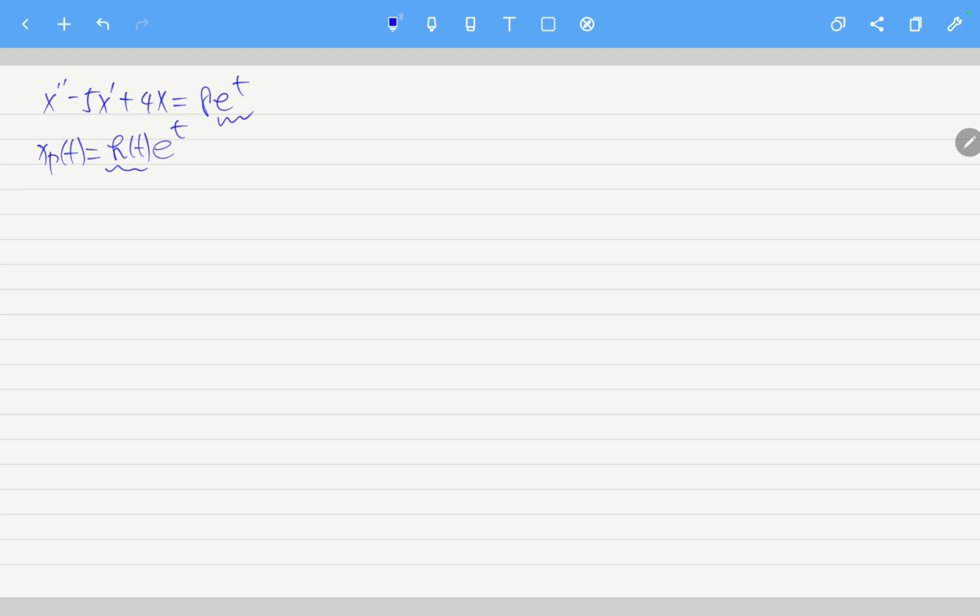We don't know whether it is t yet, so let's make it an unknown function to find out, and multiply it with exponential t because it should be related to exponential t. Now we plug in to here, so we get h of t times exponential t, double prime, minus 5 times h of t exponential t prime, plus 4 h of t times exponential t, equals 8 exponential t.